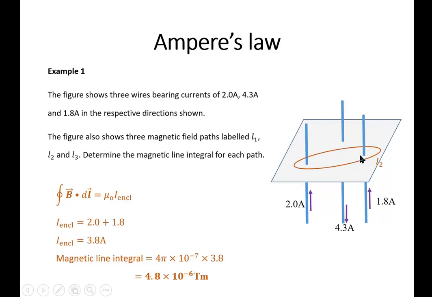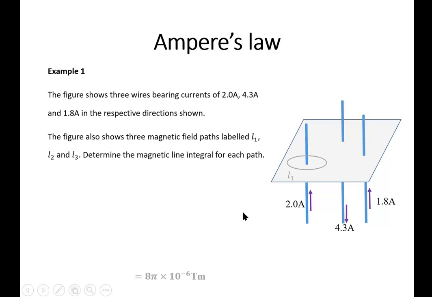They are all in the same direction, so we just add them up and we get 3.8 amps. Again, we multiply by the permeability of free space and we get 4.8 by 10 to the power negative 6 Tesla meter. I want you to do the third one yourself. That's very easy, and I expect you to get 8 pi by 10 to the power negative 6 Tesla meter.